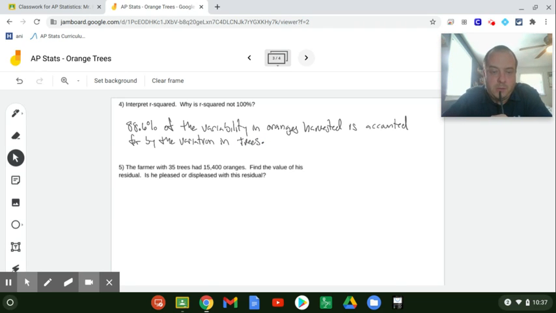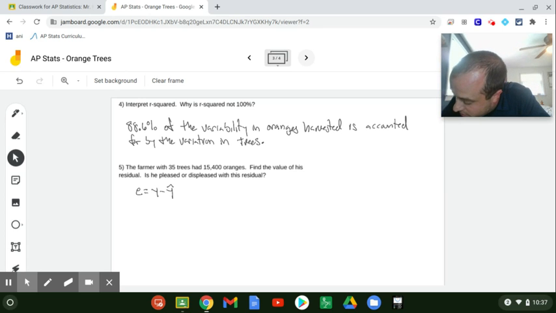All right. The farmer with 35 trees ended up getting 15,400 oranges, okay? Find the value of his residual. Is he pleased or displeased with the residual? So remember, our formula for residual here is e equals y minus y hat. So our actual value minus our predicted value.